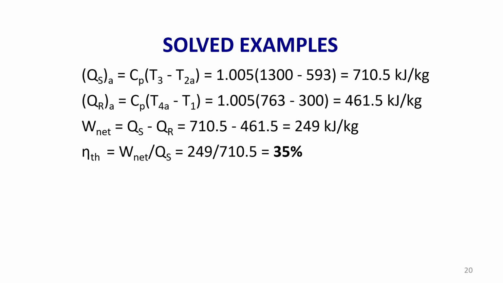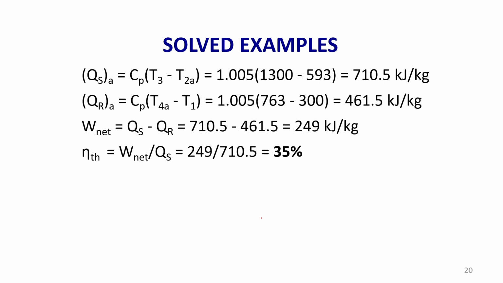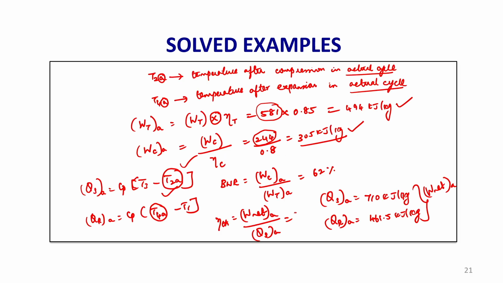It is 249 kilojoule per kg, and the thermal efficiency is W net actual divided by heat supplied actual. When you calculate this, the efficiency drops to 35%.